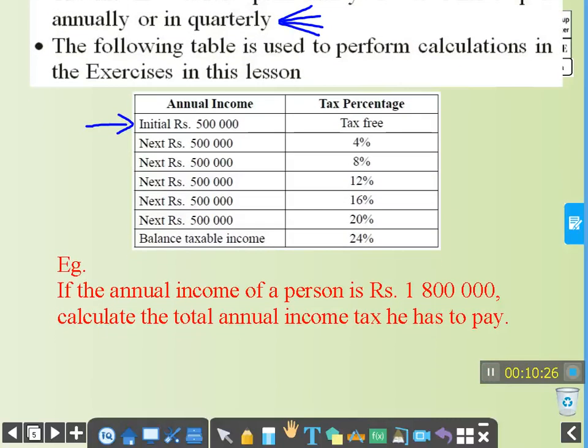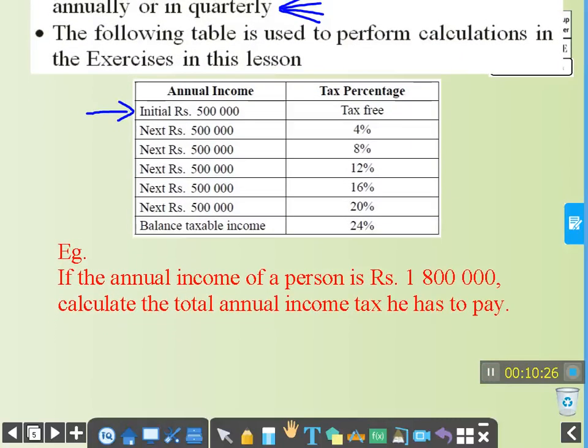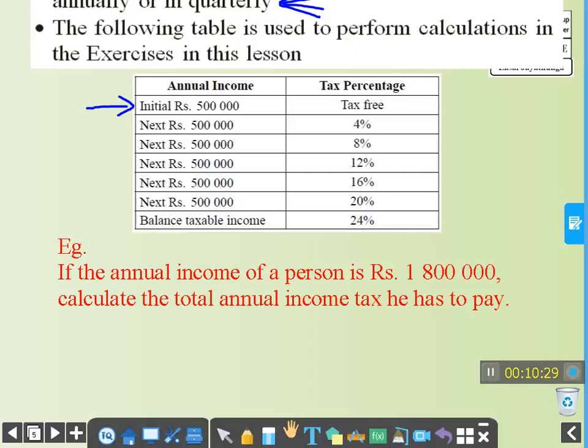This table also changes from time to time according to government decisions. If the person's income is 500,000 or below, it is tax free. Tax free means no need to pay the tax amount. If your income is above 500,000 annually, then you have to pay the tax amount.